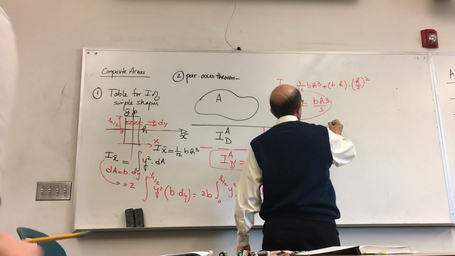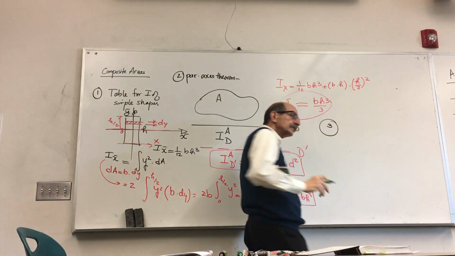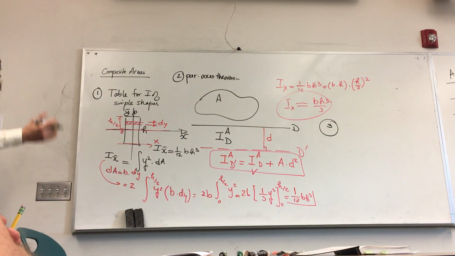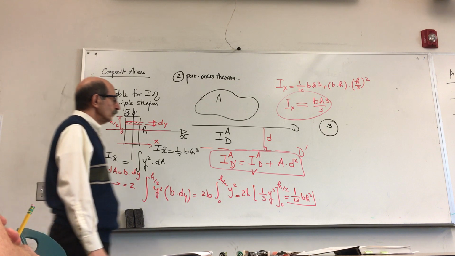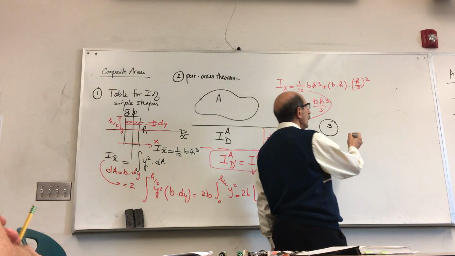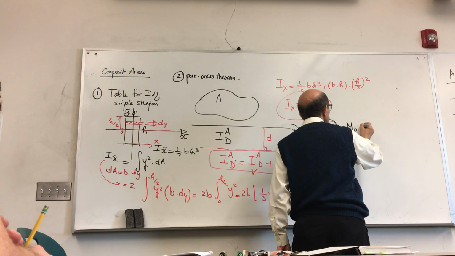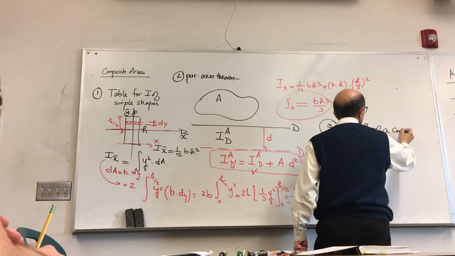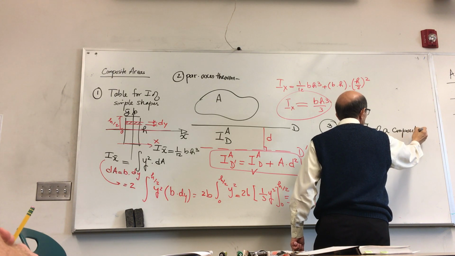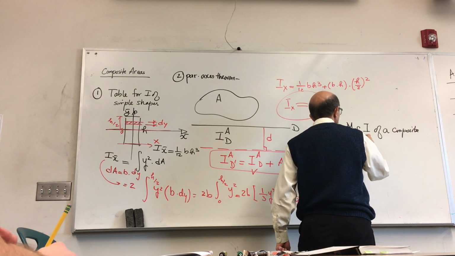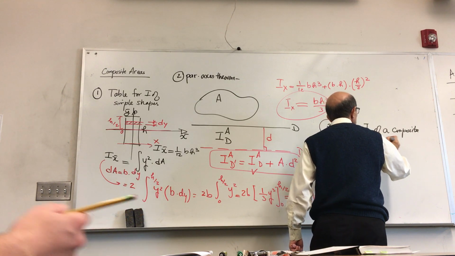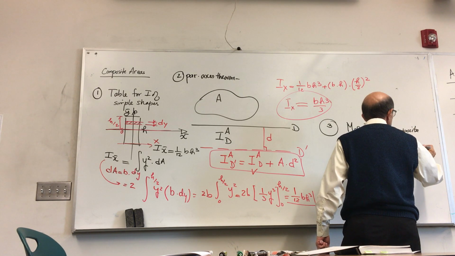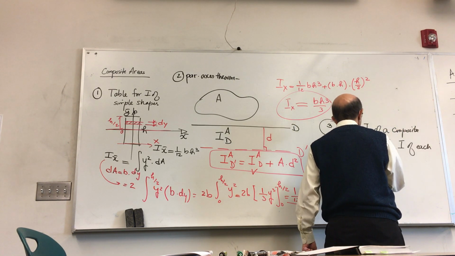Although it's obvious, I'll show it to you as a third concept, if you will, that the moment of inertia of a composite shape is equal to the sum of the moment of inertia of each sub-area.